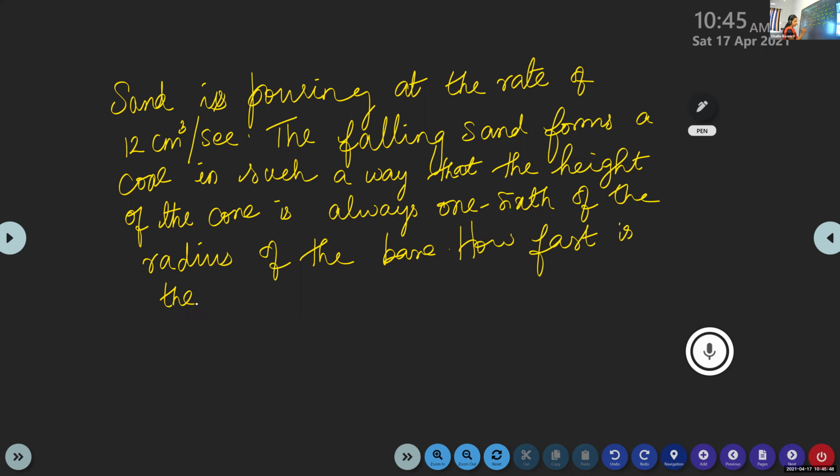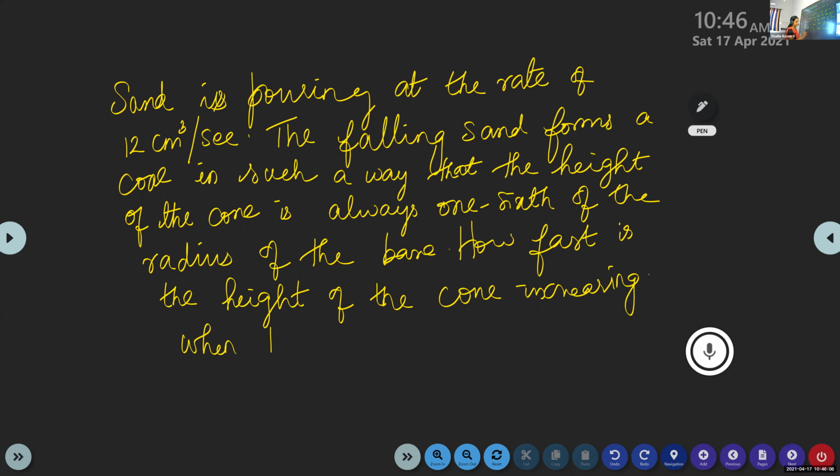How fast is the height of the cone increasing when the height is 4 centimeter?